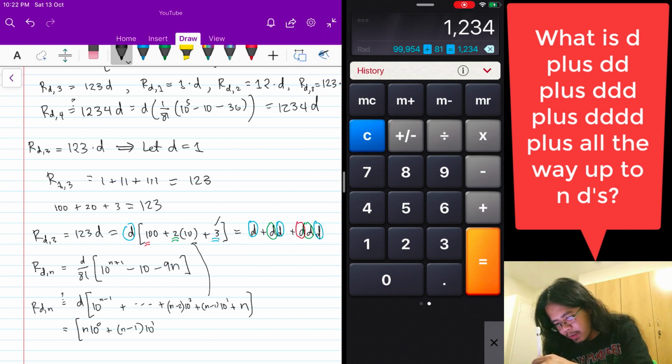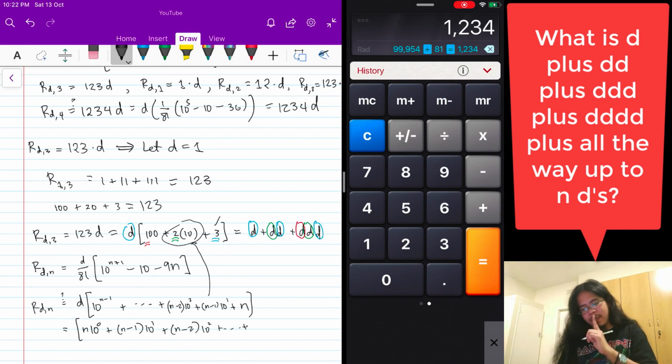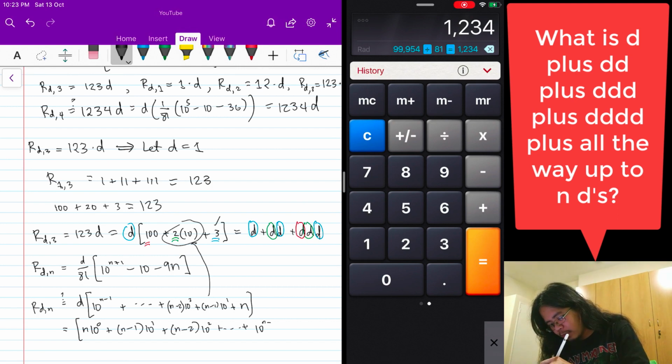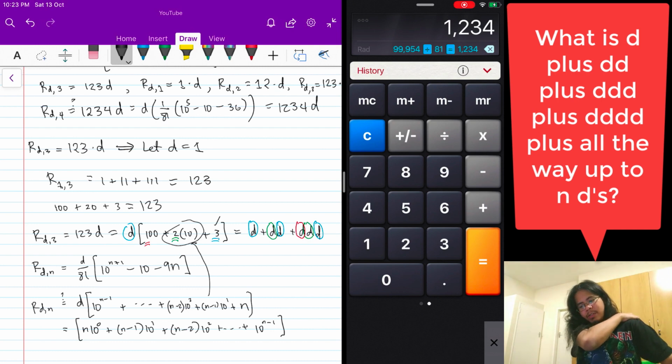So that's the one here, 2 times 10, plus n minus 2 10 to the 2, and so on, all the way up to n minus n 10 to the n. But of course n minus n is equal to 0, so you only reach up to 10 to the n minus 1. Okay, so that's the general pattern.